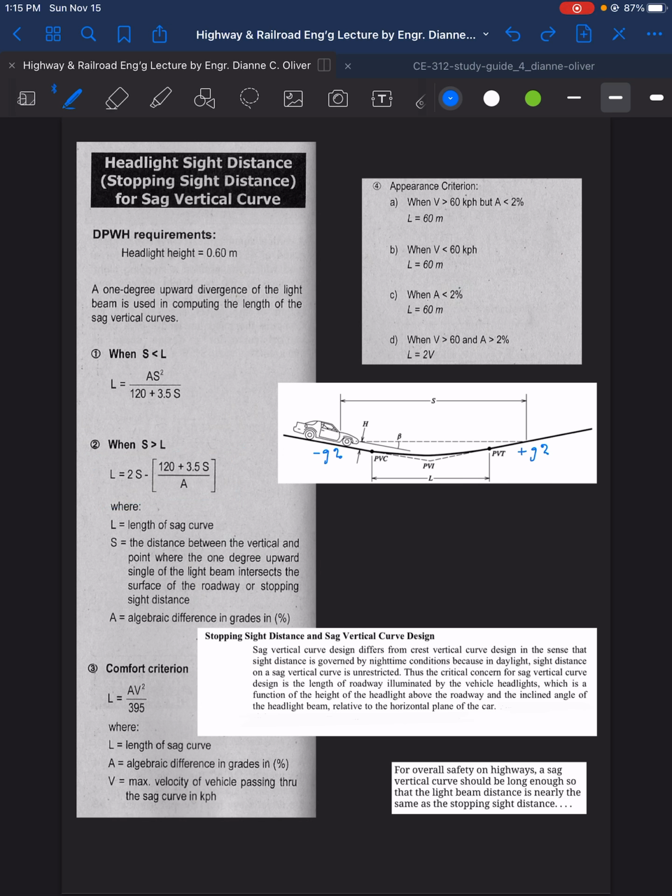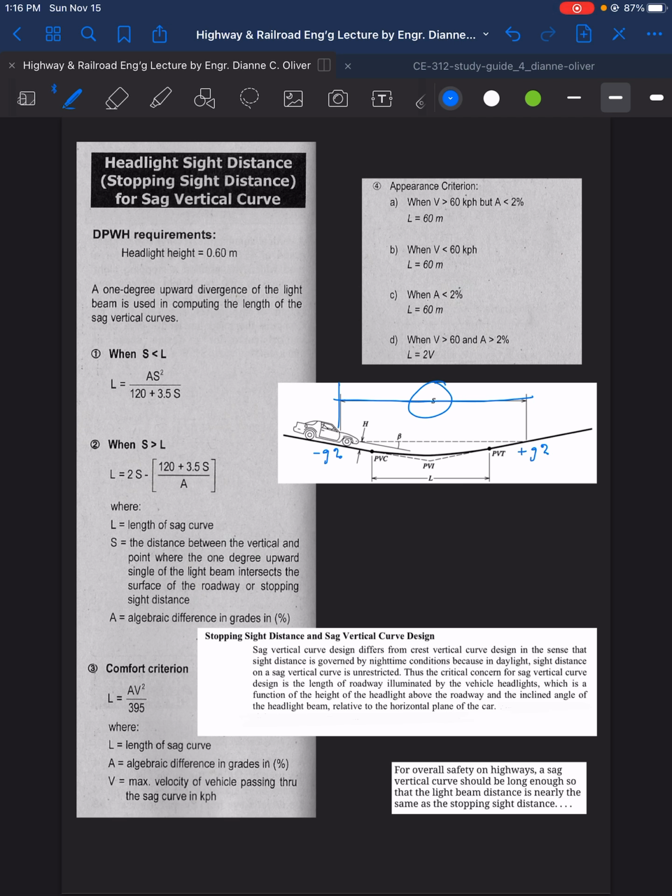Now L is the length of the sag curve, S is the distance between the vehicle and the point where the 1 degree upward angle of the light beam intersects the surface of the roadway, or the stopping sight distance. So this is the S here in the figure.